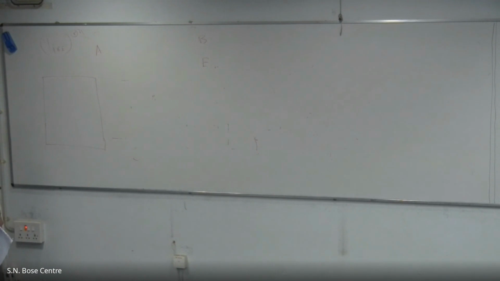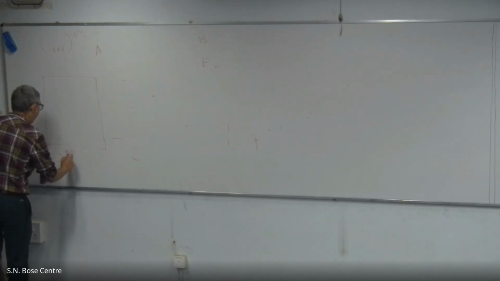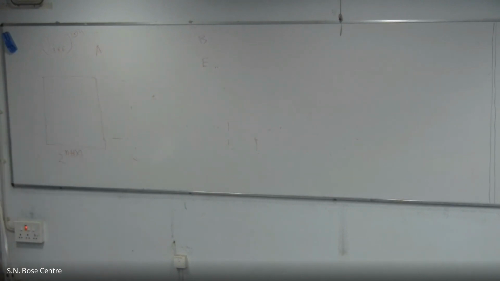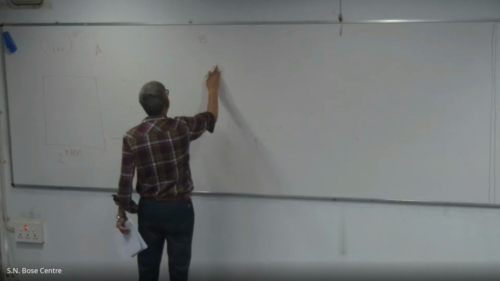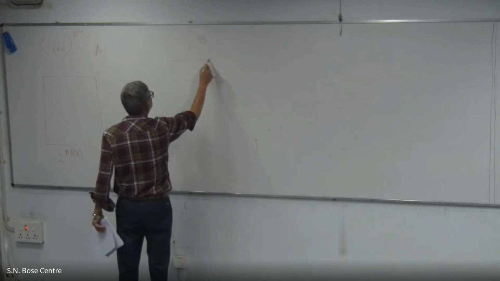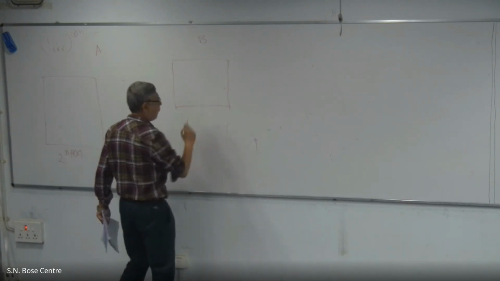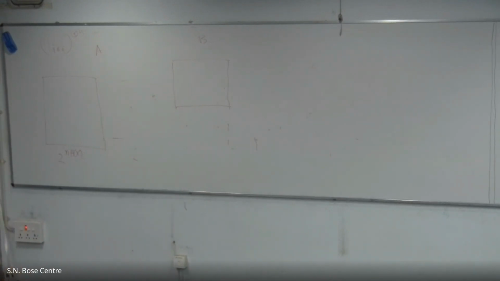But that will happen with small probability. If that does not happen, then where will you land up? Some points in this thing, where Bob will land up.